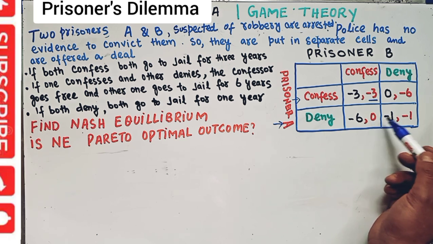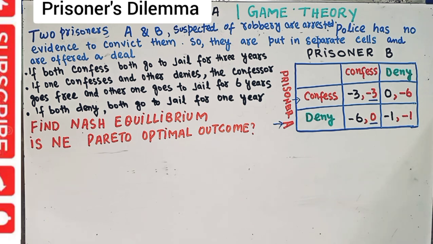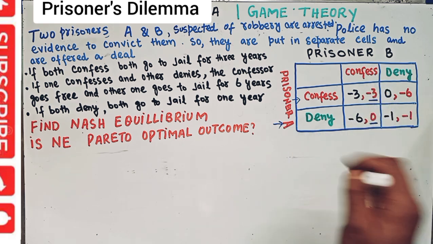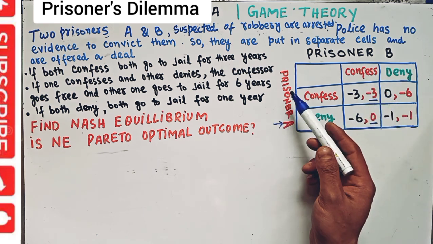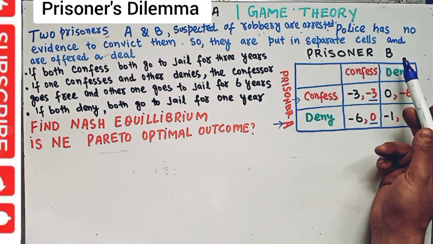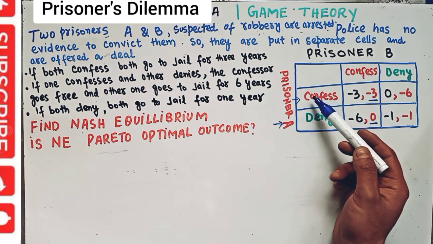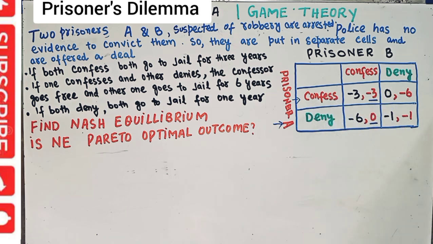Since 0 is greater than minus 1, he will choose to confess here also. So from prisoner A's perspective, prisoner B will choose to confess regardless of whether prisoner A confesses or denies.